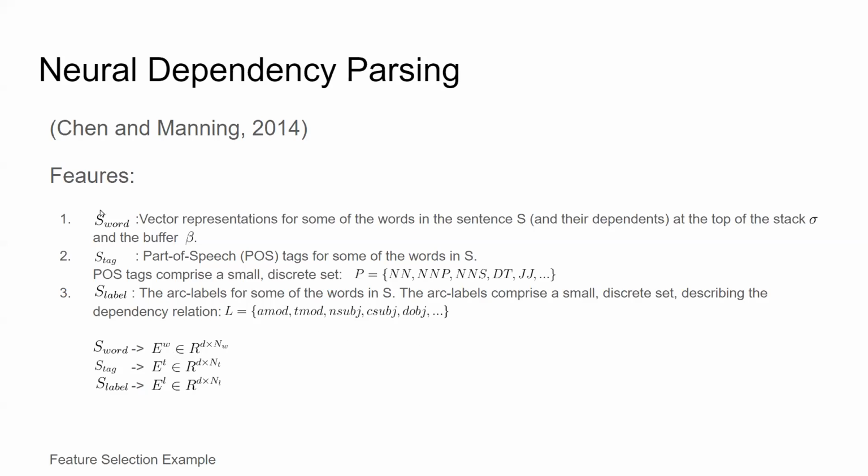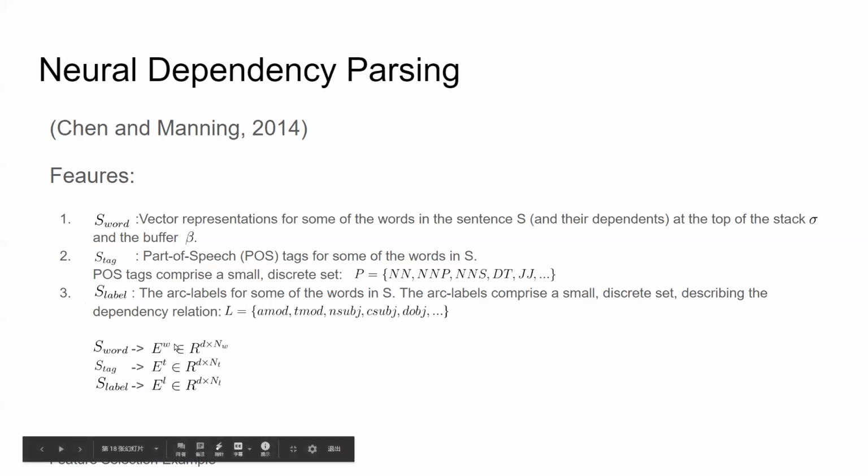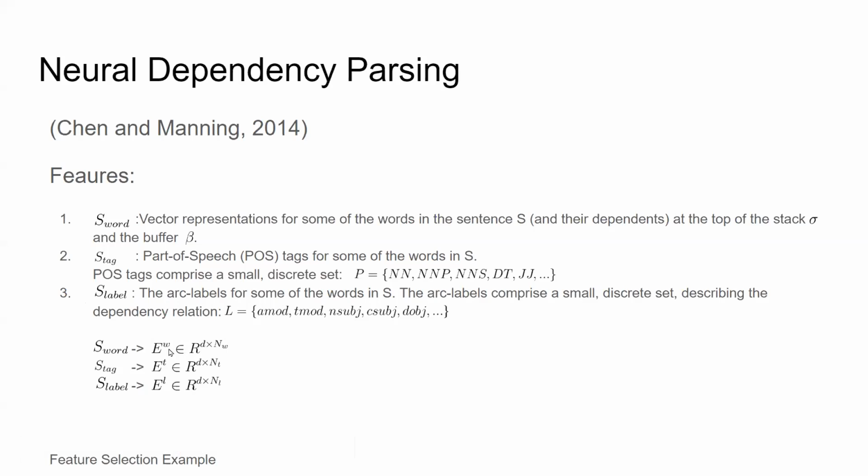So each type of these, I don't want to call them features here, but okay, each type of feature has a corresponding embedding matrix. Do you remember what an embedding matrix is? It's a linear mapping from the original space to a higher dimensional space.